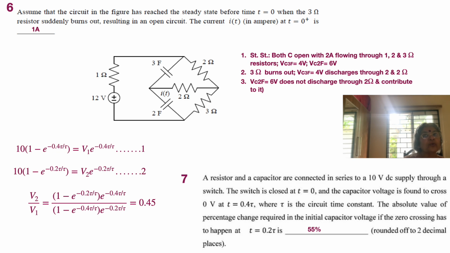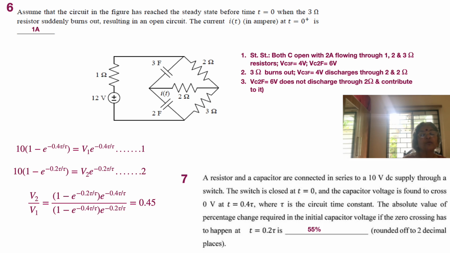Okay, so what is going to happen? Now the bottom part of the circuit is isolated, no doubt about it, because the capacitor now needs to discharge. The 2 farad capacitor already had 6 volts, which it will try to discharge. How will it discharge? It will discharge via the 12 volt source and 1 ohm resistor, and when it comes to the other capacitor, it will see a short circuit, so it will not follow the path of 2 ohms, because it finds an easier path there.